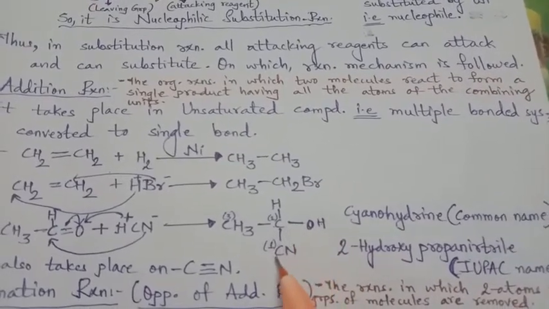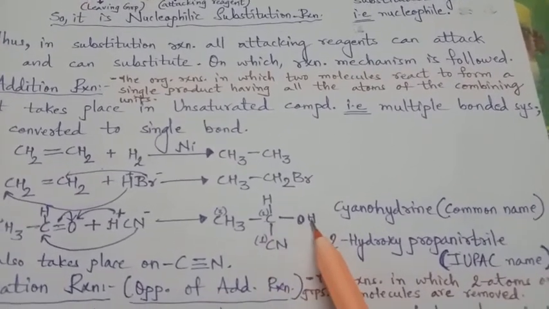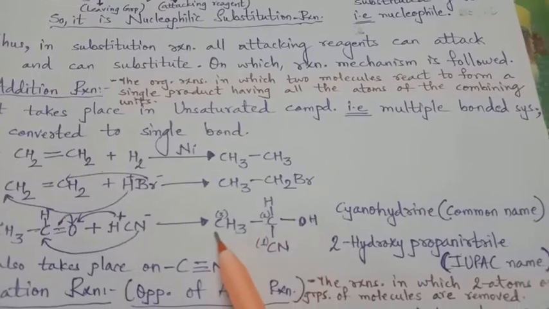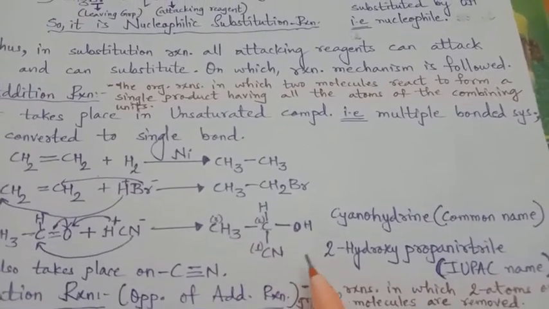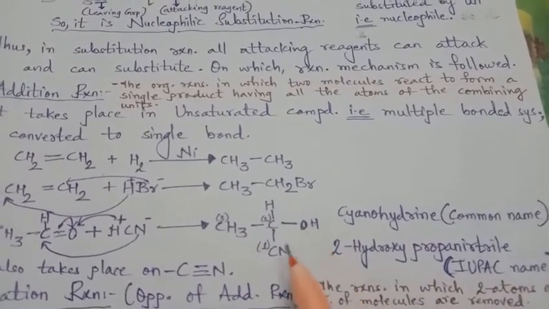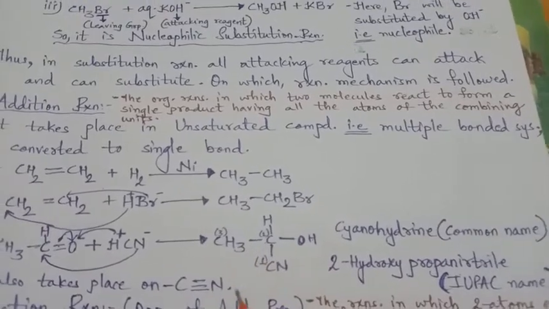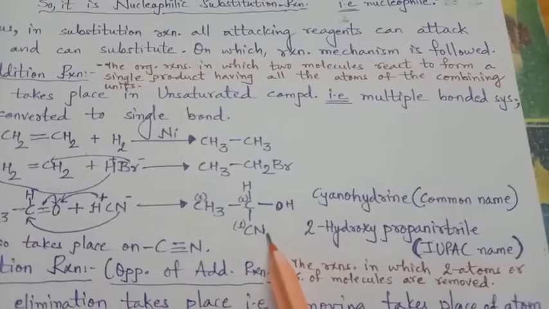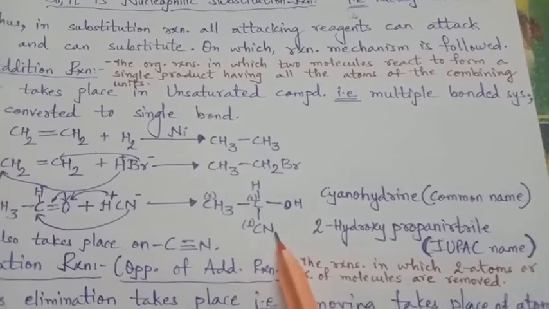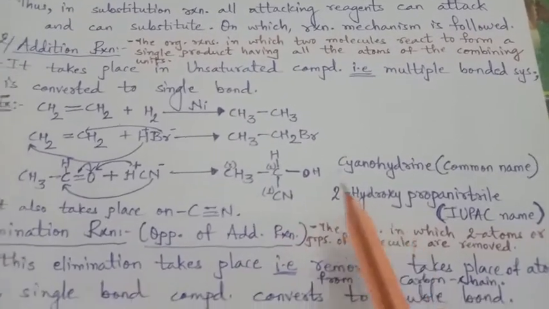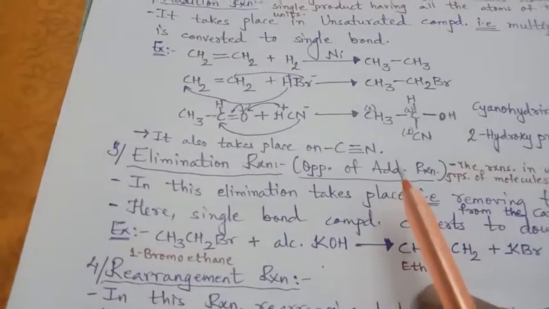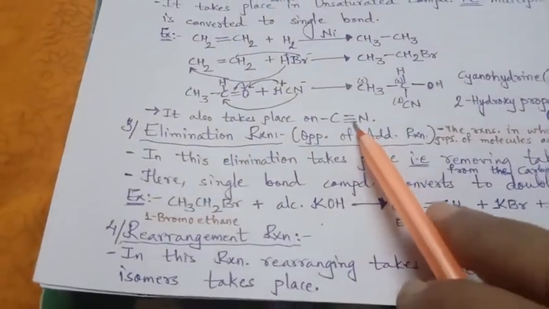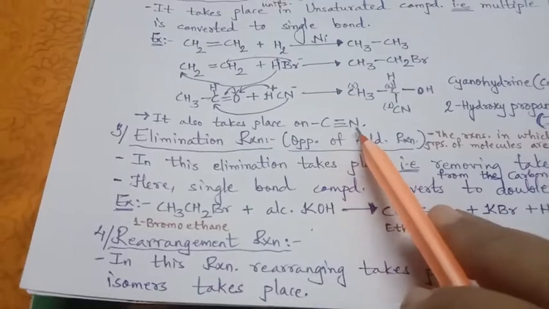So on the second carbon: 2-hydroxypropanenitrile. We can also write 2-hydroxypropane-1-nitrile. On the first position, if the main functional group is there and we are not writing the number, that is also okay, no problem. Right? It also takes place on the triple bond, C triple bond N, also.